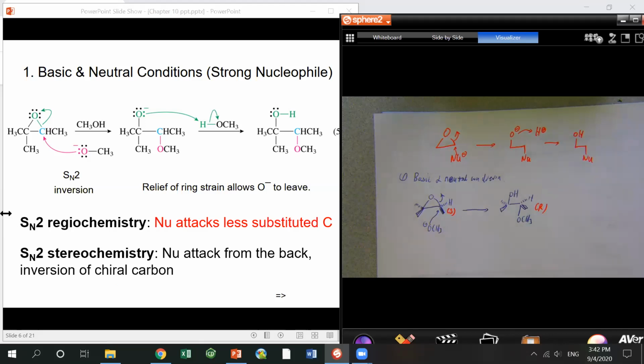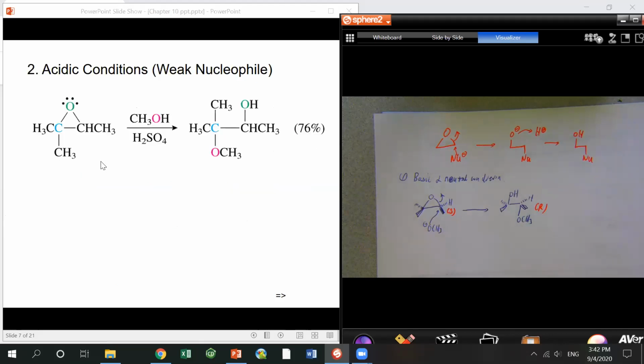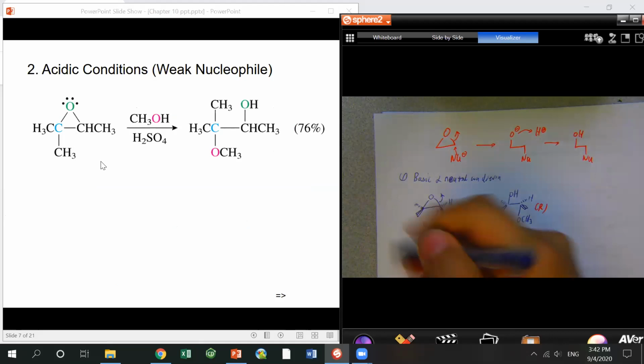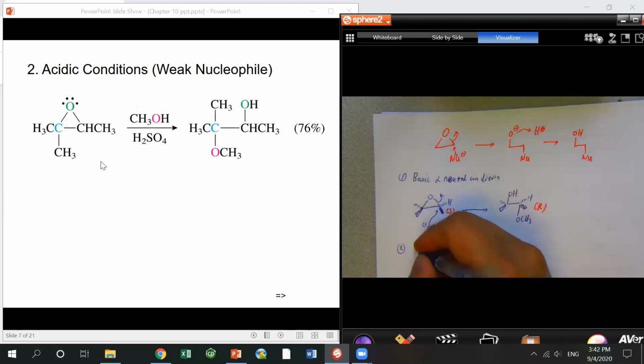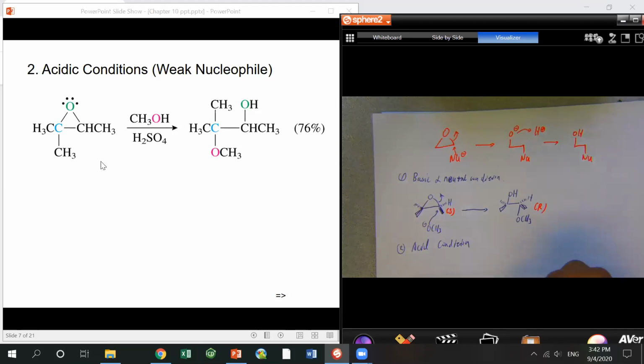Now we come to acid conditions. Under acid conditions the story is a little bit different. The nucleophile still attacks from the back of the carbon, but it will attack the more substituted carbon.